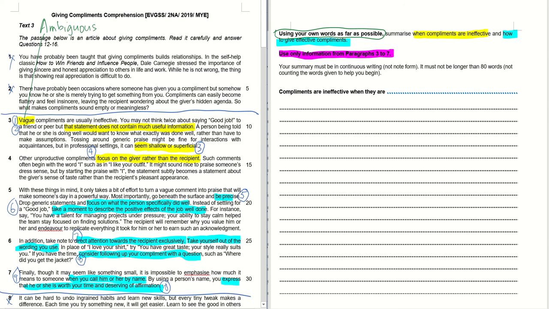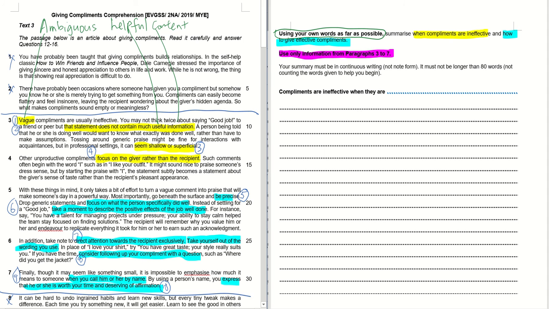Okay, that is relatively big. That statement does not contain much useful information. So what do they do? Useful means helpful. Okay, information, content. Okay, shallow or superficial. What do we have?